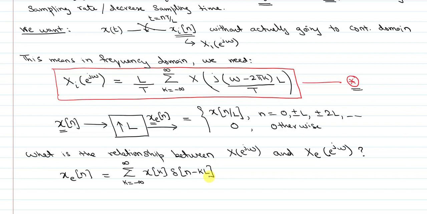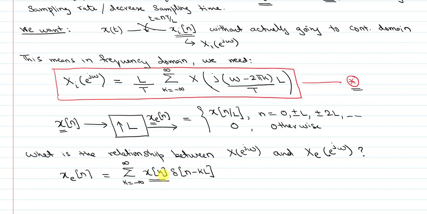This is just a mathematical way of writing whatever expression we got over here. What this is saying is that at n equal to 0, you have a delta function whose value is x[0]. Then everything is 0. And then at n equal to L, I have another delta function whose value is going to be simply x[1].